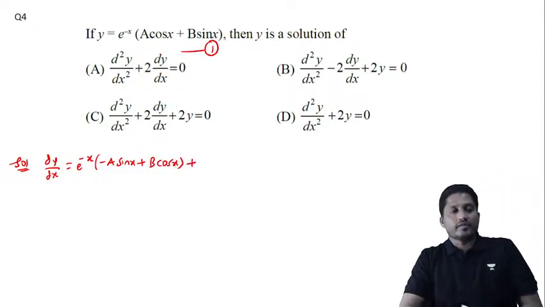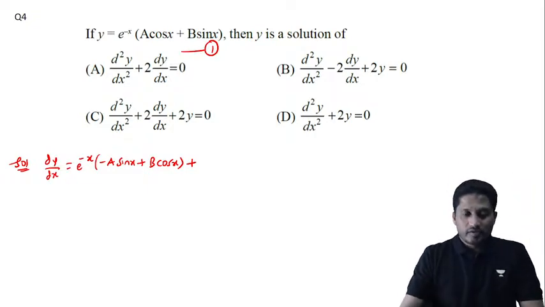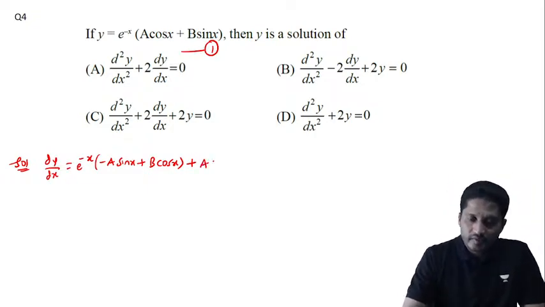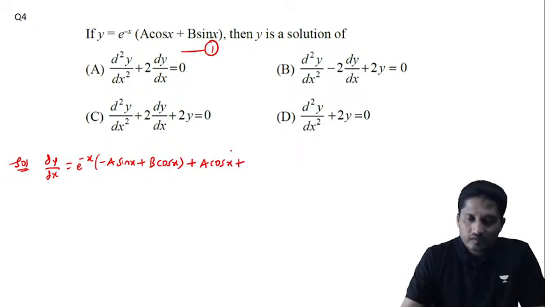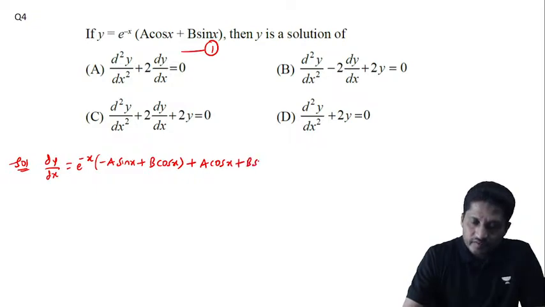I'm using the u into v product rule: u into v dash plus v into u dash. And differentiation of e power minus x is minus e power minus x.